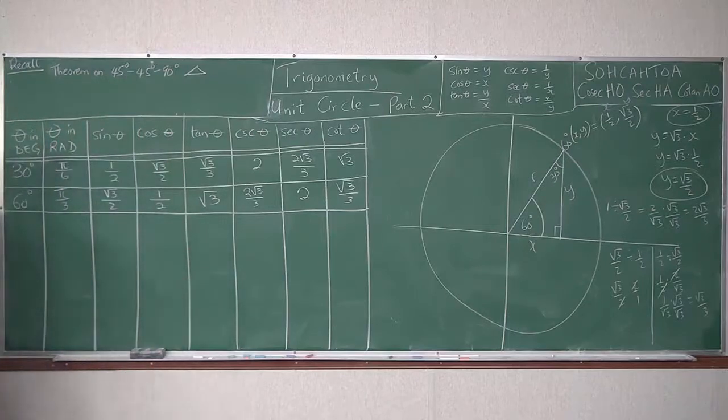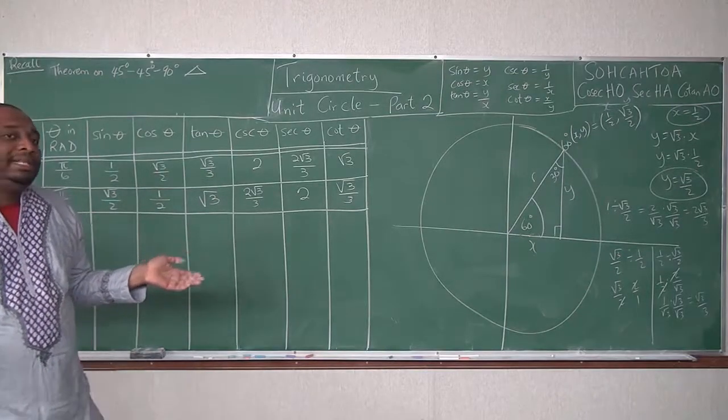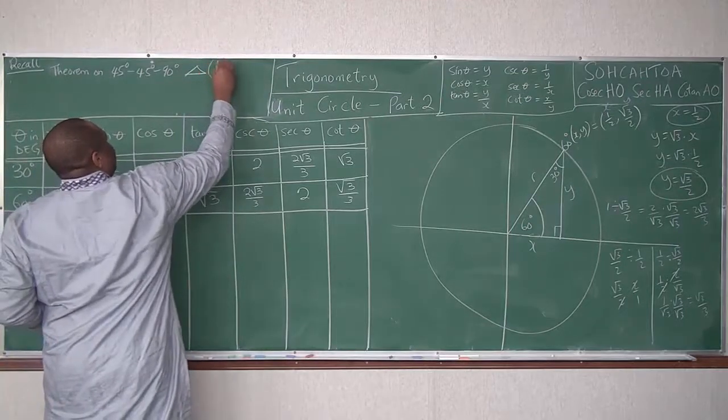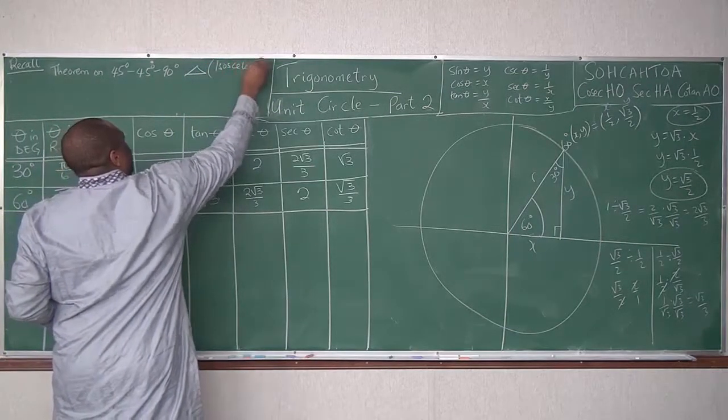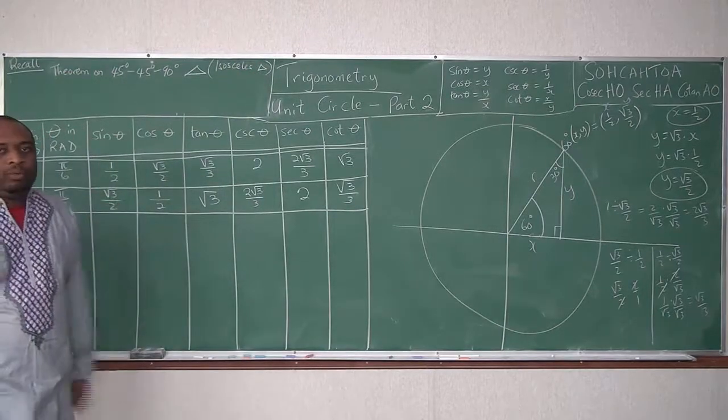And in this theorem, when you have 45, 45, 90, because 45 plus 45 is 90, 90 plus 90 is 180. Now, you know with a 45 degree, it is an isosceles triangle. This is an isosceles triangle, okay? Which means two sides are equal.